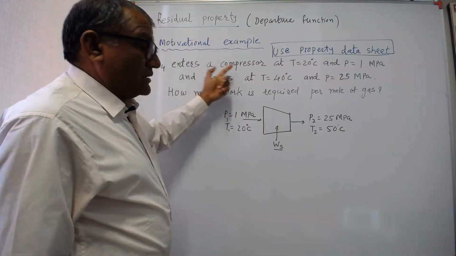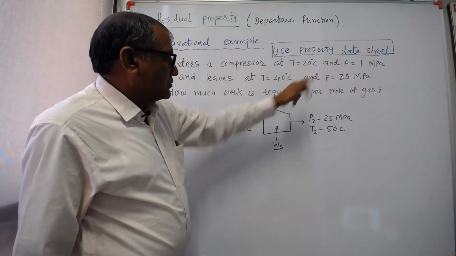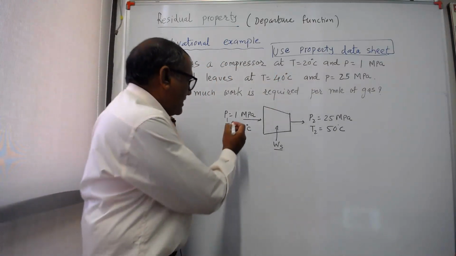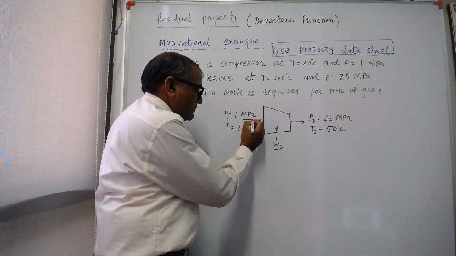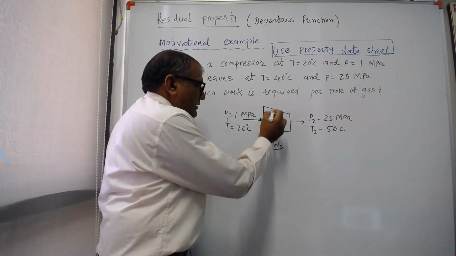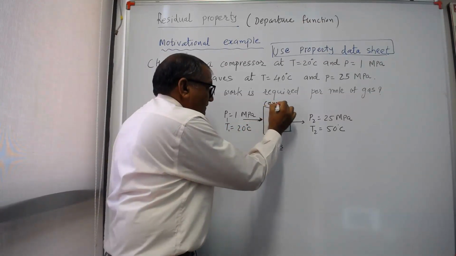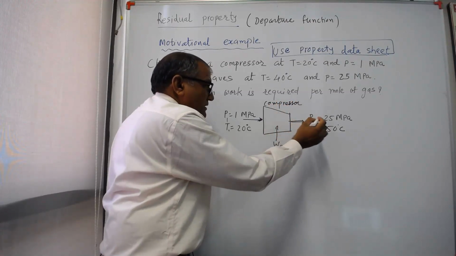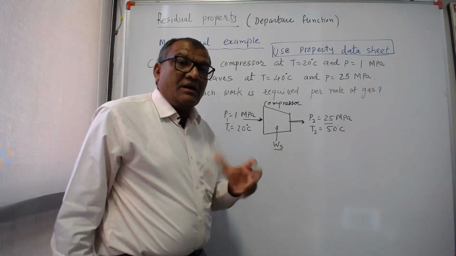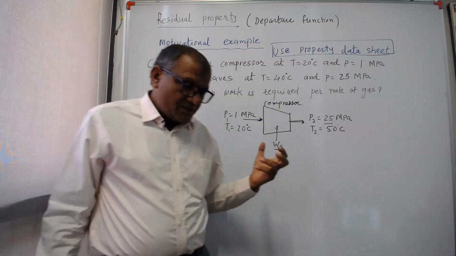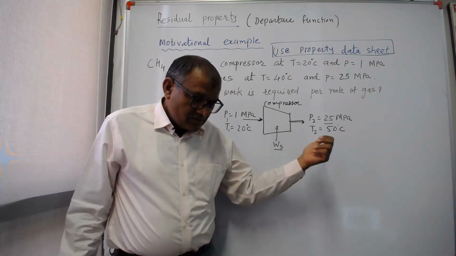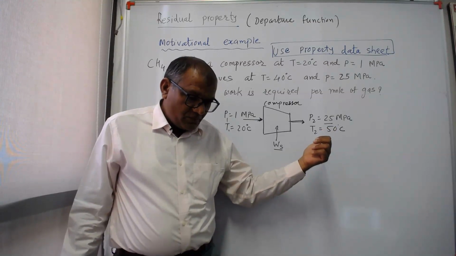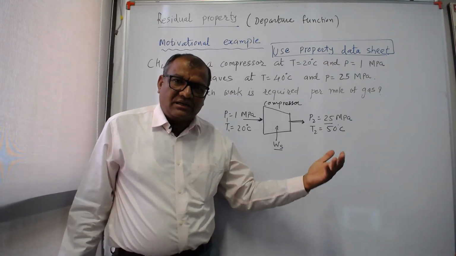CH4 enters a compressor at T equal to 20 degrees Celsius and pressure P of 1 megapascal. This is a compressor, and it is compressed up to 25 megapascal, the outlet pressure. I have considered this as an example of CNG, compressed natural gas.